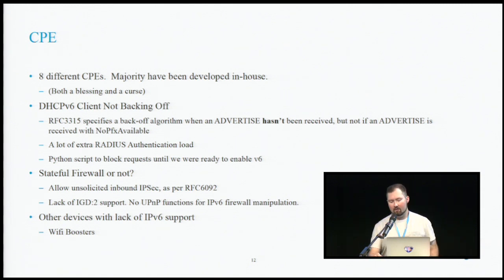The next issue we have with this is the UPnP functions. Like in v4, you have UPnP to open up not just the DNAT, but also the firewall pinholing. In v6, they do exist, but they're still quite new. They're specified in the IGD2 spec by the UPnP Forum.